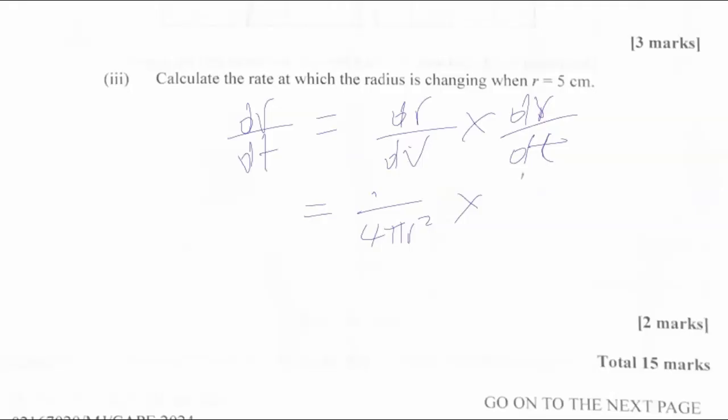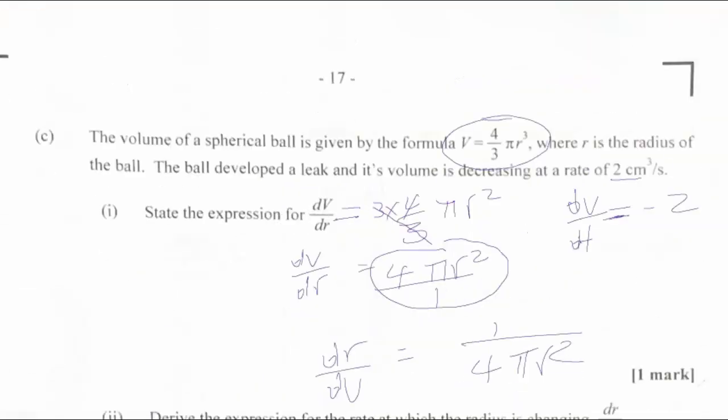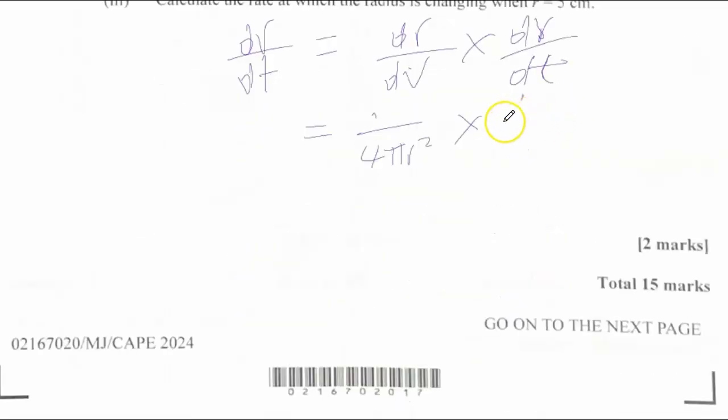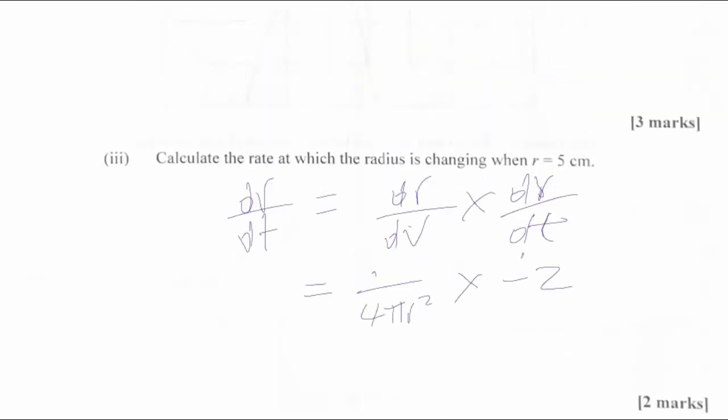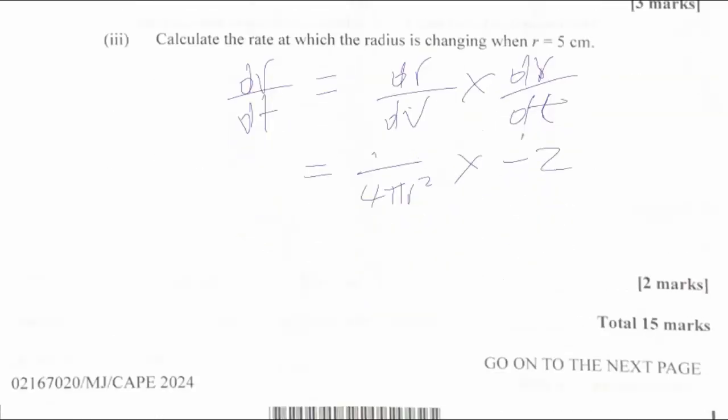And dV by dt we already know is negative 2, the rate at which the volume is changing. And we are told now that r is 5. So we substitute 5 for r. So it's 1 over 4 pi times 5 squared, times negative 2.